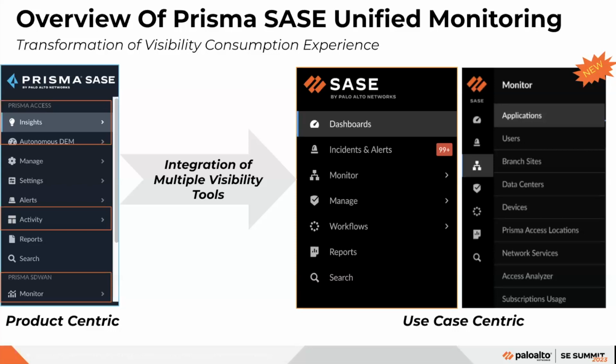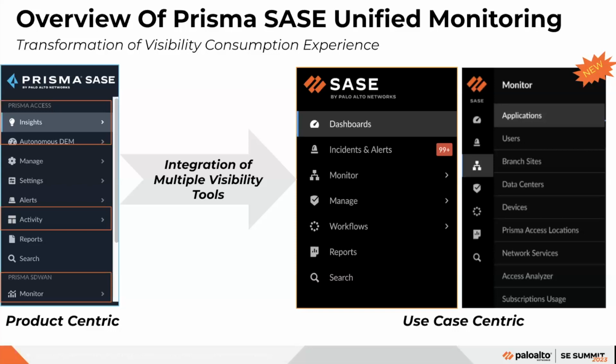As the term unified monitoring indicates, the North Star really is to give you, our customers, full visibility into the assets that you have, which are both next-gen firewall, as well as Prisma Access and Prisma SD-WAN. So the devices therefore have both next-gen firewalls and the SD-WAN ION boxes.